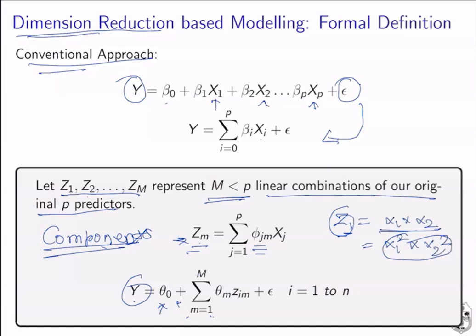Now here our purpose is linear regression. The objective of the linear regression is to identify these coefficients, theta 0 to theta m, where i is equal to 1 to n. N is the size of data. If there are 100 records, then n takes the value of 100.